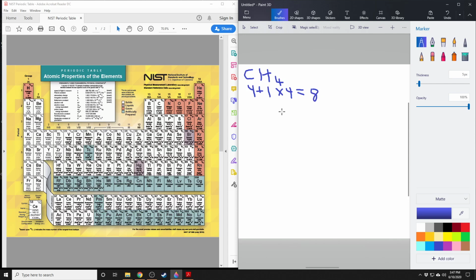So the next part you're going to do is, well, you need to figure out what's in the center. What's going to be binding everything else? What do you have to write your bonds off of? And so what you're looking for here is the thing that connects the most. The one that can accept the most electrons into it.